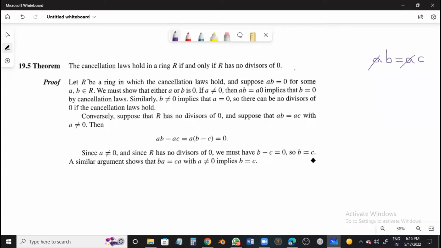We suppose that the cancellation laws hold. This is our first part. And we want to show that R has no 0 divisor. No 0 divisor means though A and B are non-zero, their product must not be equal to 0.